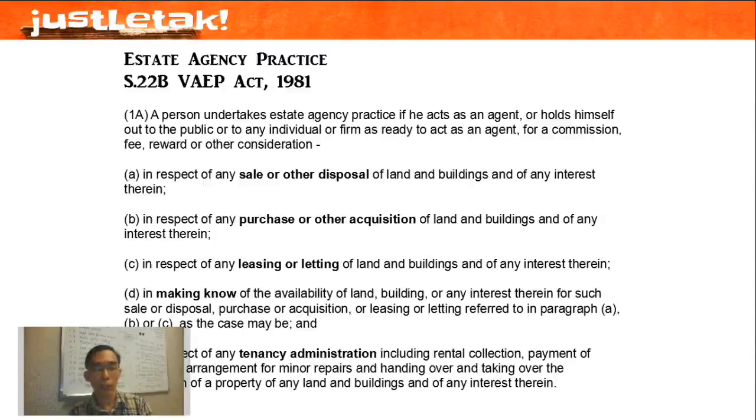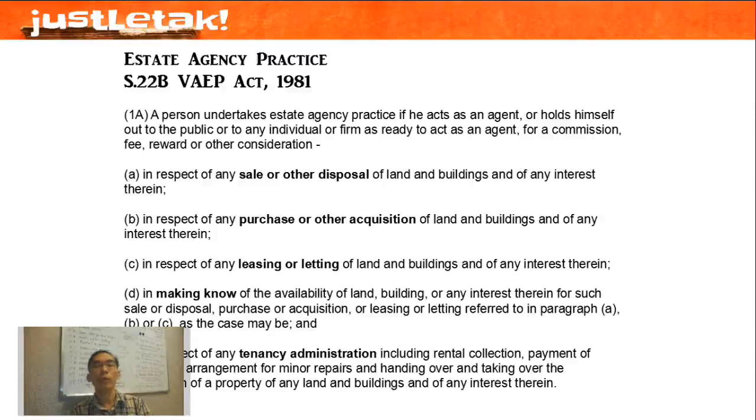So if a person offers that there is a house for sale but is never involved in collection of commission or a booking fee, then it fulfills only part of this section and not the full part of the subsections, including the part on collection of fees and being ready to act as an agent for a commission.